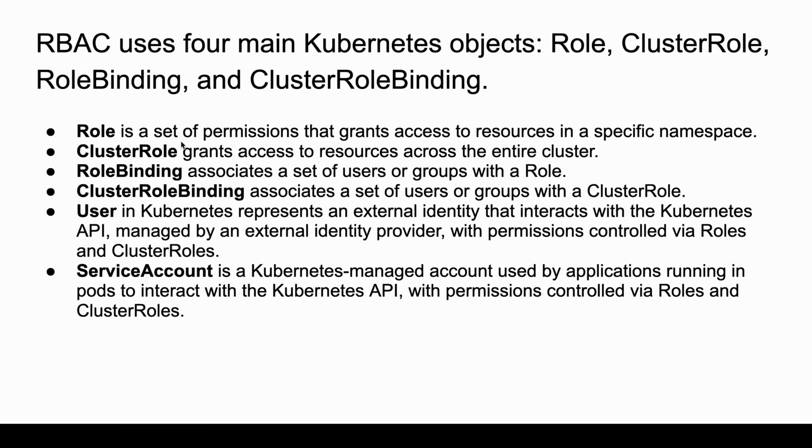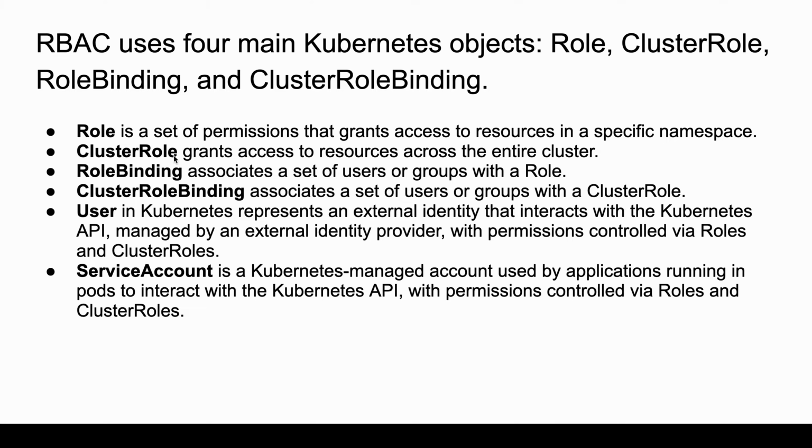After this, RBAC uses four Kubernetes objects: Role, ClusterRole, RoleBinding, and ClusterRoleBinding. A Role is a set of permissions that grants access to resources in a specific namespace. So you can see that it is namespace dependent.